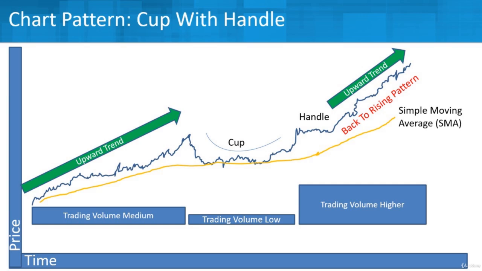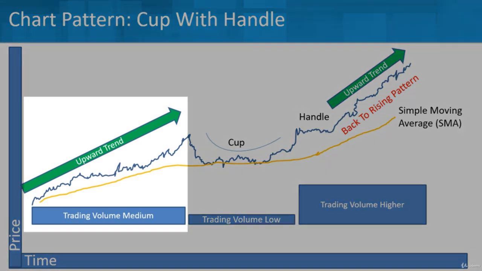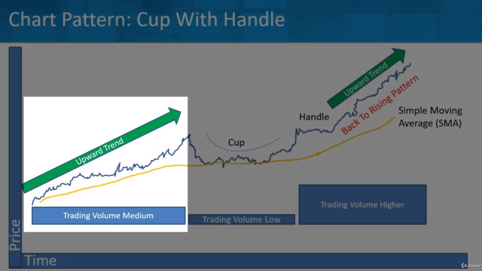First off, let's start at the very far left. We've got to have an upward trend, right? As you can see here, the general direction, if we were to draw more specific trend lines, the slope is upward, the prices are getting higher. There's an upward trend. And then you can see the bottom of the trading volume is a medium trading volume that you'd see looking over the history of the prices for your security.